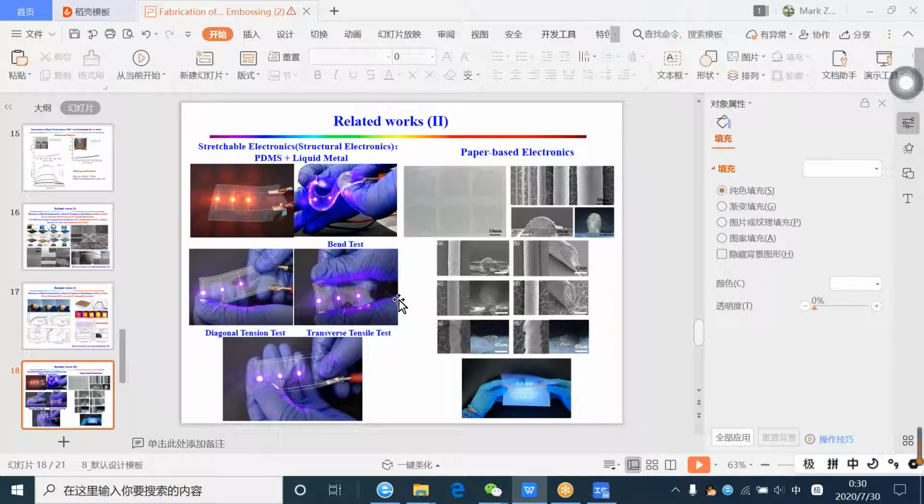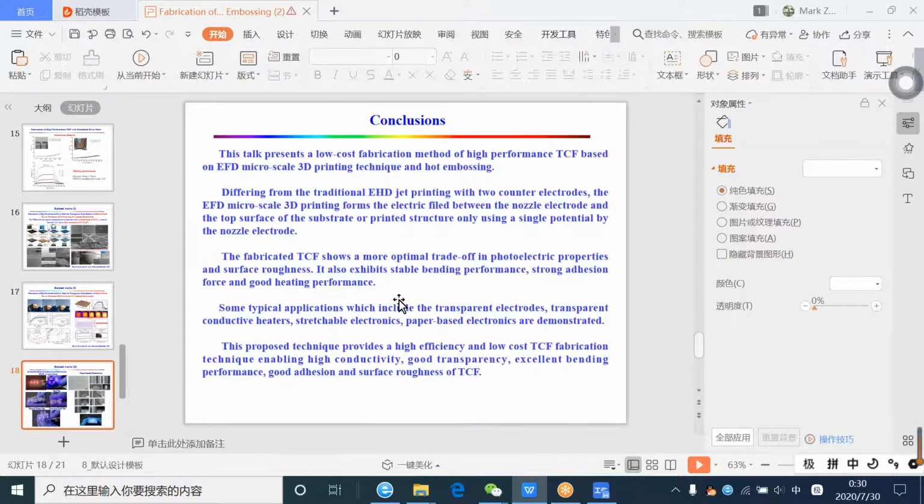And the last part is the conclusions. This talk presents a low-cost fabrication method of high-performance TCF based on EFD microscale 3D printing technique and hot embossing.